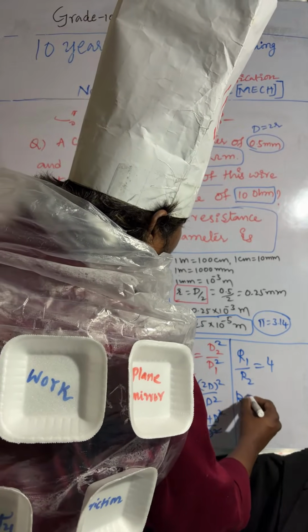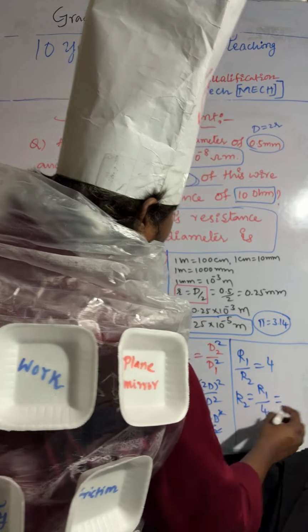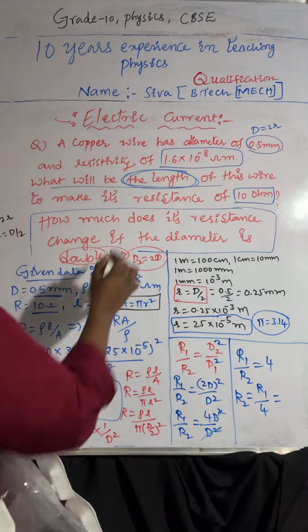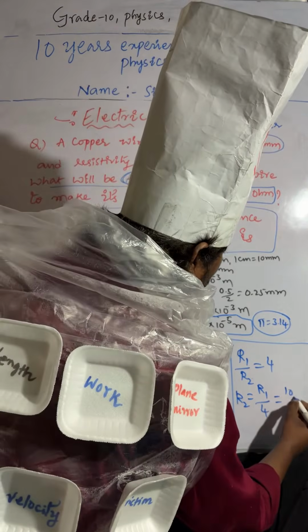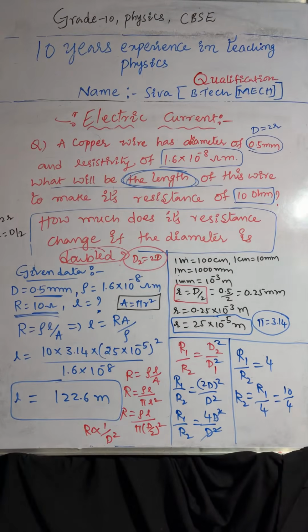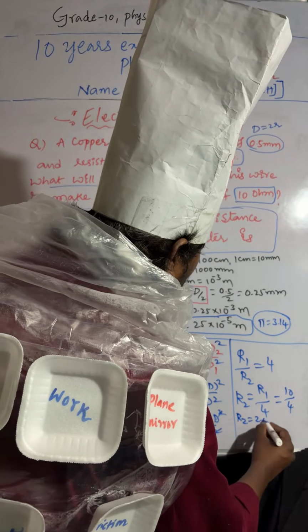R2 equal to R1 by 4. Initial resistance is 10, so 10 by 4 is 2.5. R2 is 2.5 ohm.